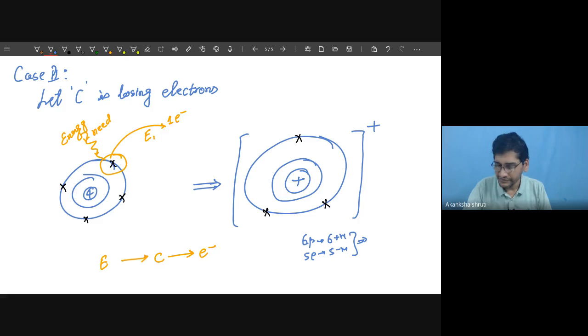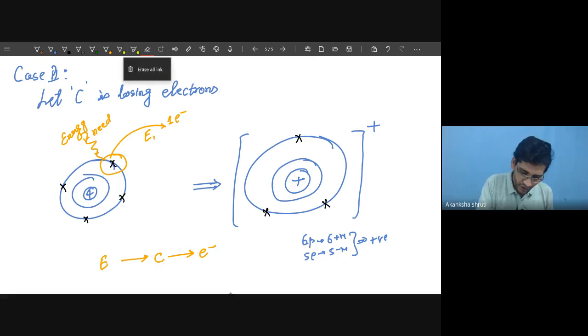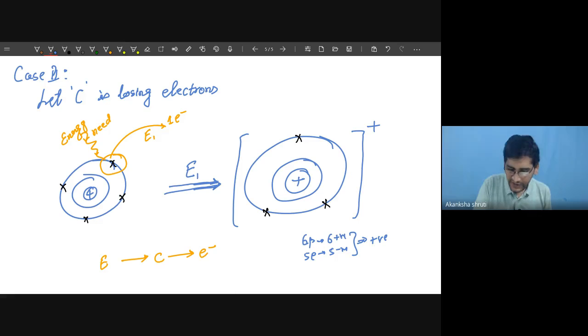This 1 positive is denoted by this plus symbol, putting it in a square bracket. Okay, student? So from the normal neutral state to the ionized state, it needs the amount of energy, say E1.